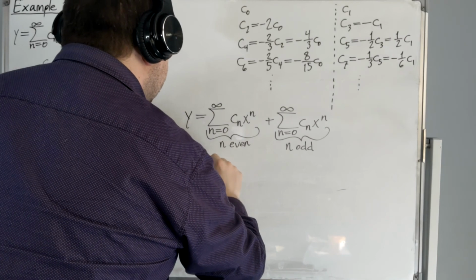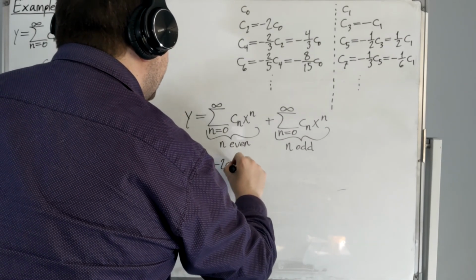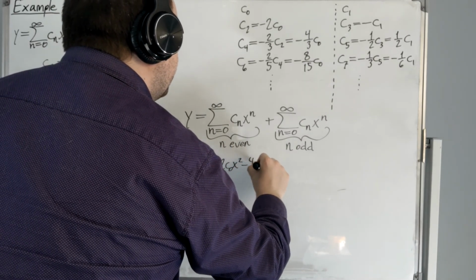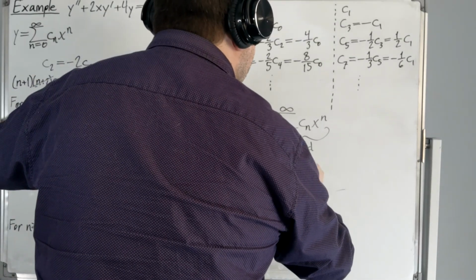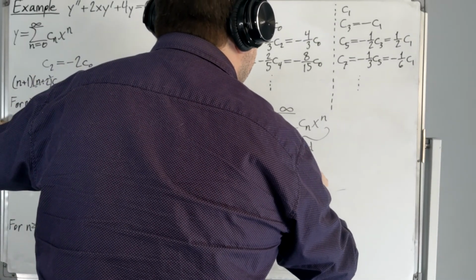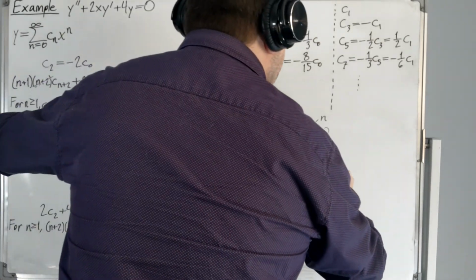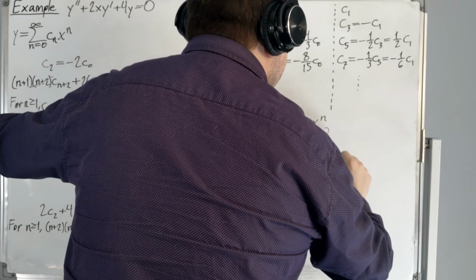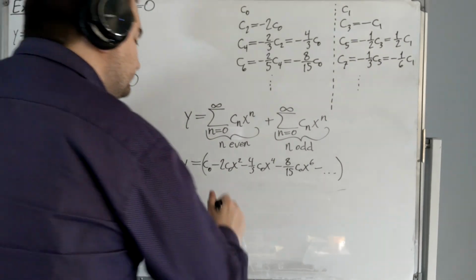So that's going to be C0 x to the 0 minus 2C0 x squared minus 4/3 C0 x to the 4th minus 8/15 C0 x to the 6th minus dot dot dot. Those are all the even terms.